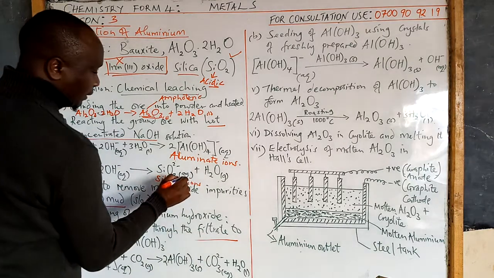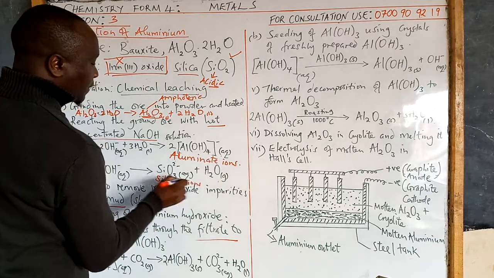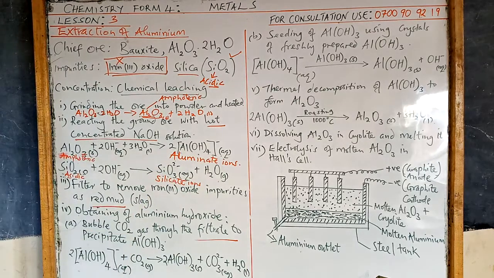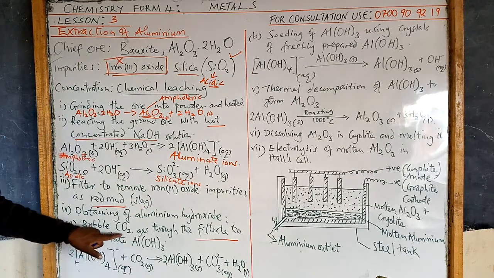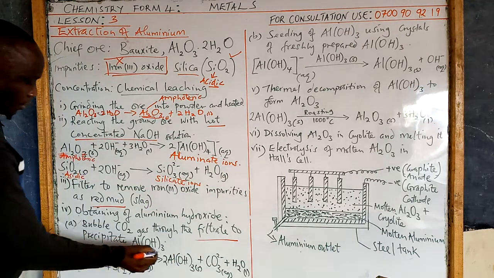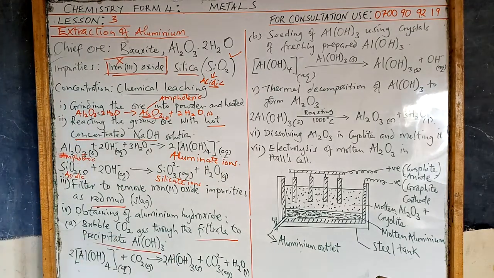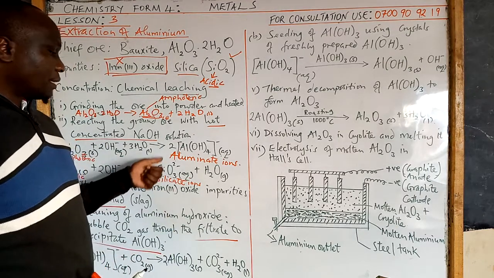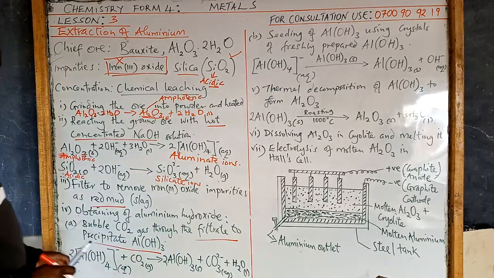The filtrate contains aluminate ions and silicate ions. Then when you bubble carbon dioxide through the filtrate, it precipitates. So one way is by precipitation of aluminium hydroxide by bubbling carbon dioxide through the mixture containing these 2 ions.